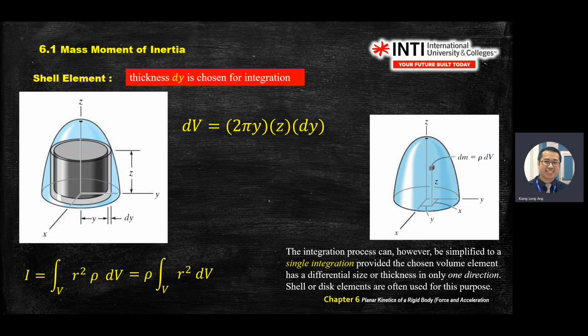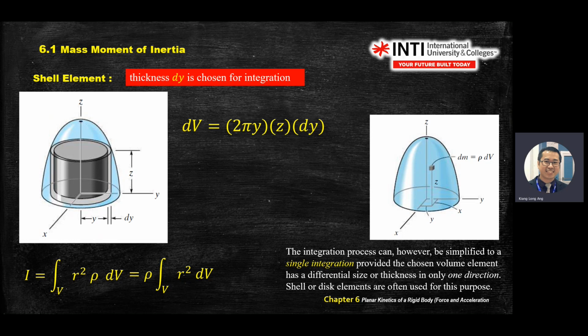Okay, so this small shell here, how do you calculate it? You calculate pi r squared, the inner circle, multiply by dy, multiply by dz, and you get the shell volume. Makes sense? Now recall your second moment of inertia: integrate r squared rho dV.